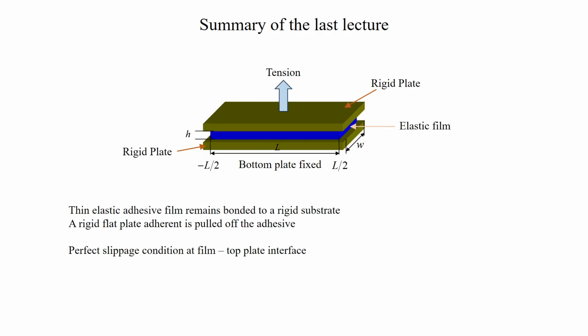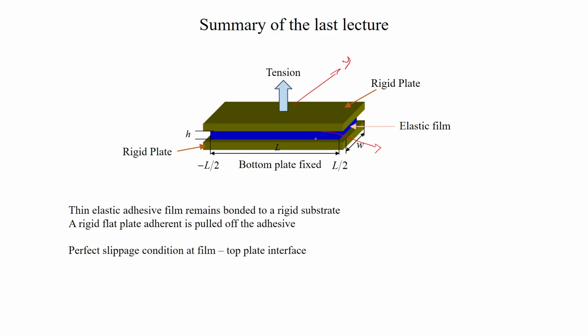In the last few lectures, we have talked about this rectangular geometry in which this elastic adhesive film was sandwiched between these two rigid rectangular plates, and we applied the plane strain approximation along this y direction. Then we solved the problem for the case in which the film is at frictionless contact and also at no slip contact at the top surface.